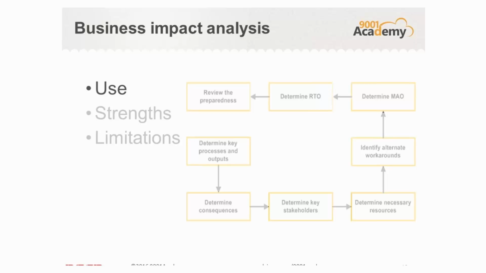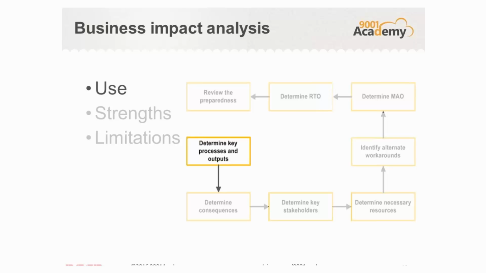The BIA can be undertaken using questionnaires, interviews, structured workshops, or a combination of all three, to obtain an understanding of the critical processes, the effects of the loss of those processes, and the required recovery timeframes and supporting resources. The key steps include the following.